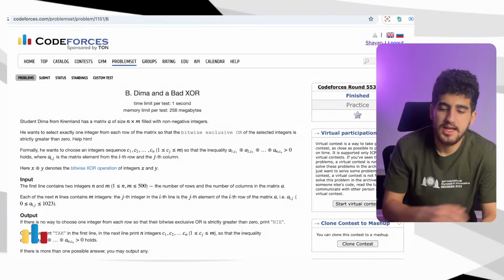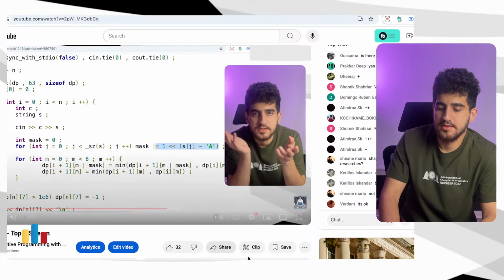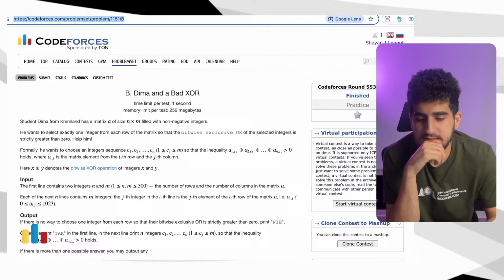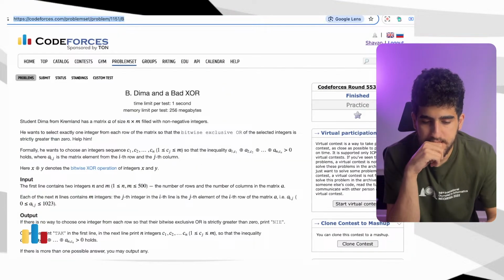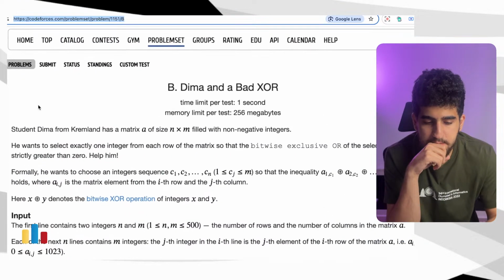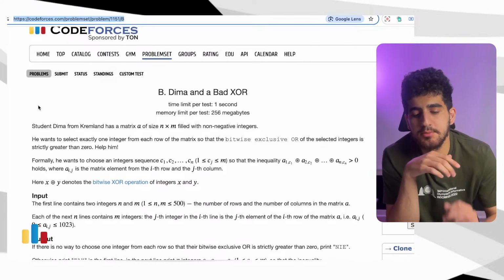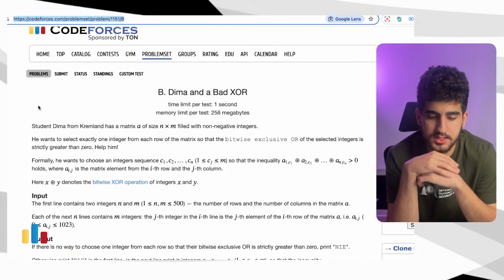Okay, it's okay. Nice. So, let's talk about the next problem. The next problem that we had is this one, 1151B, Dima and the Bad XOR. It says that a student Dima from Kremland has a matrix A of size n by n filled with non-negative integers.